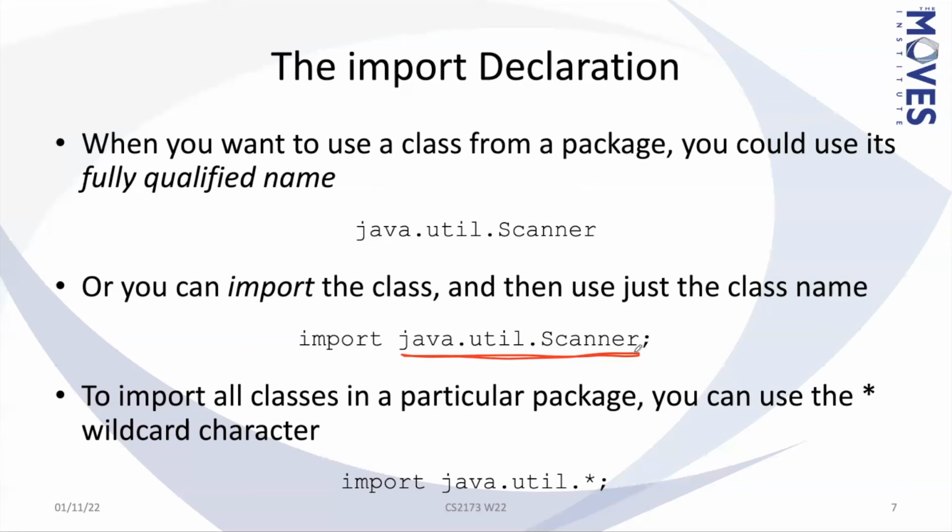The thing is, if you're writing expressions that use that, that's a lot of noise. And so, just to be able to skip this part and refer to the class as Scanner, which is called the unqualified name.